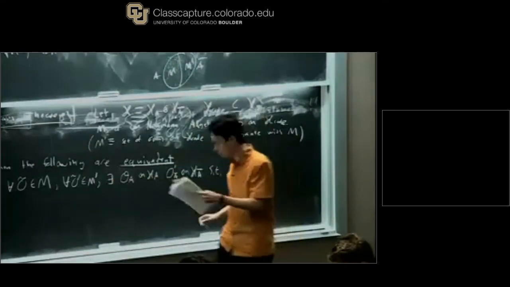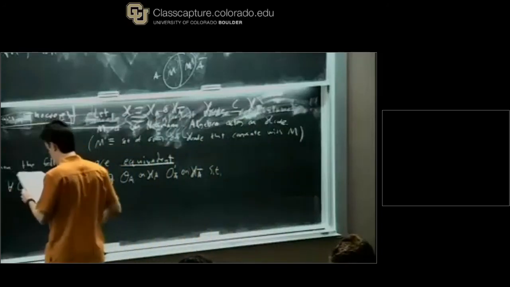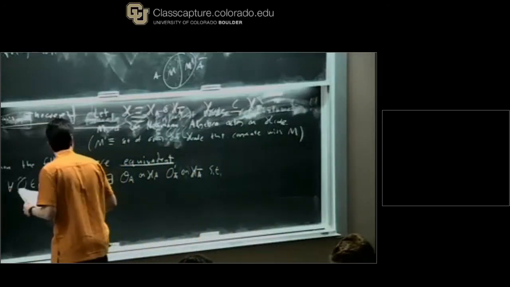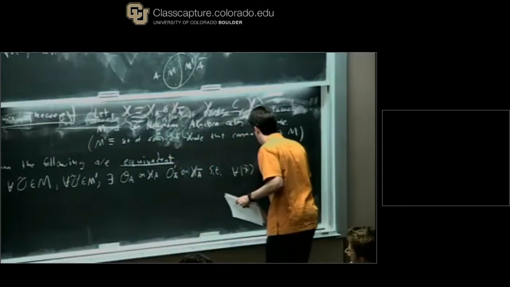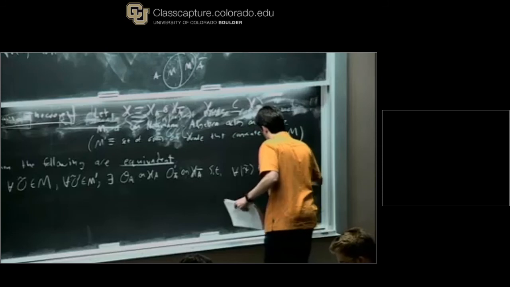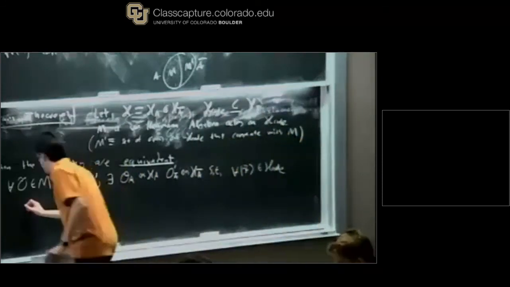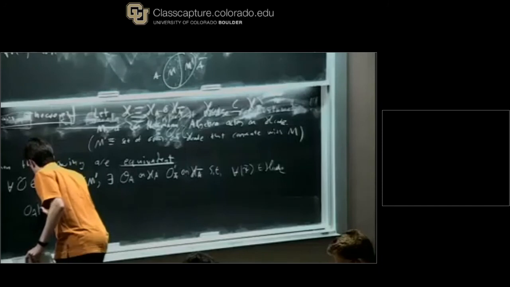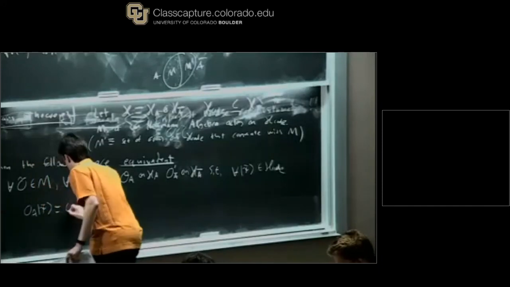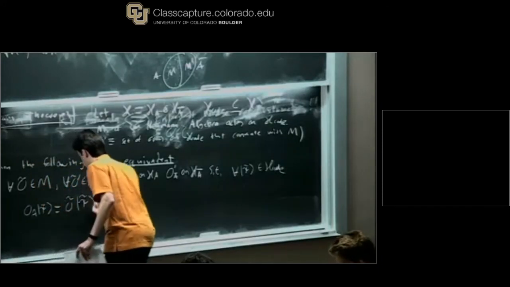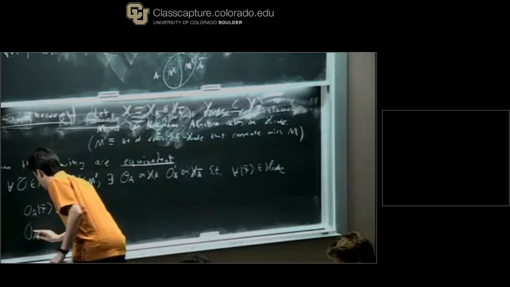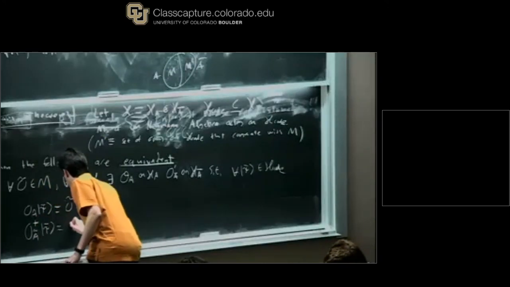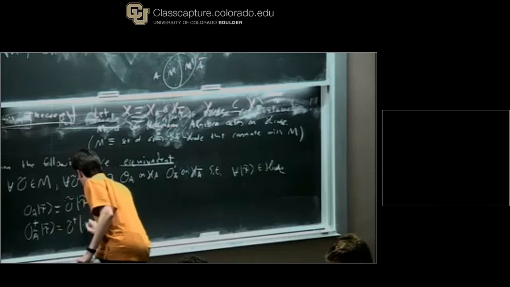Okay, but let's write that out since we're being all rigorous and stuff. So such that for all psi tilde in H code, we have that if we act with OA on psi tilde, we get the same thing that we would have gotten by acting with O tilde on psi tilde. And similarly, for the Hermitian conjugate, acting on psi tilde is the same as O tilde dagger acting on psi tilde.